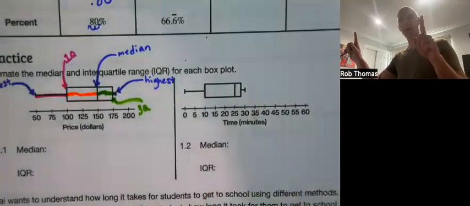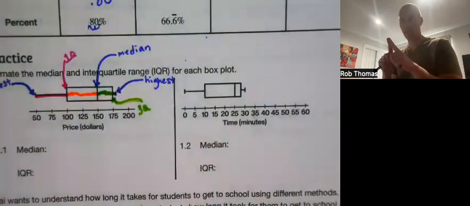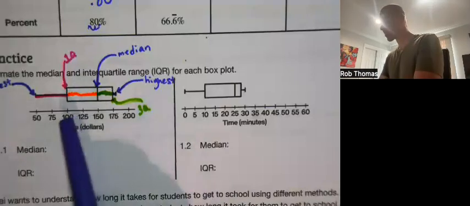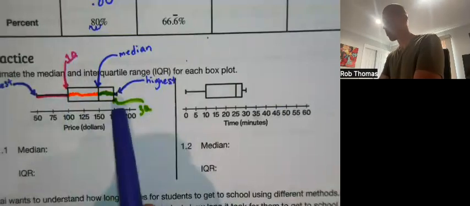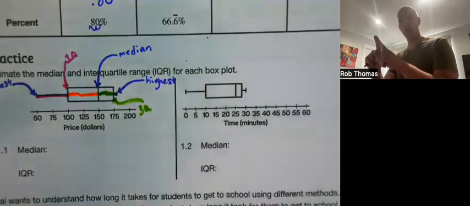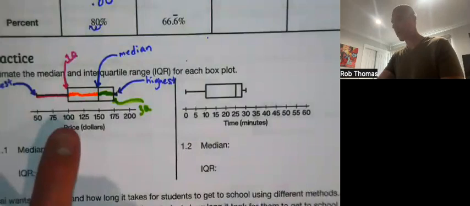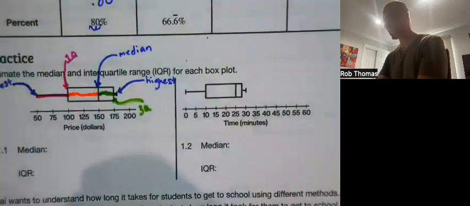A longer box there means more spread out data, and a shorter box means more scrunched together data. So this box goes from 100 to 175. So the range of this box, aka the interquartile range, is 75. It's the distance, 75.